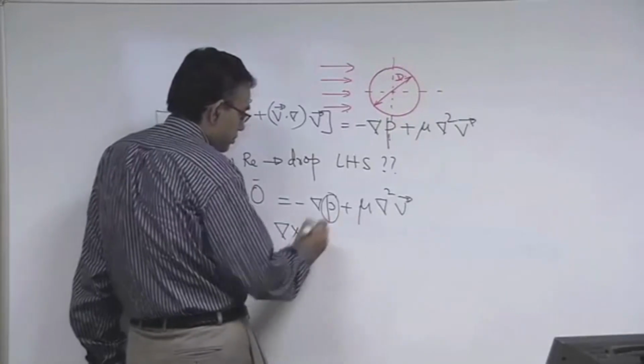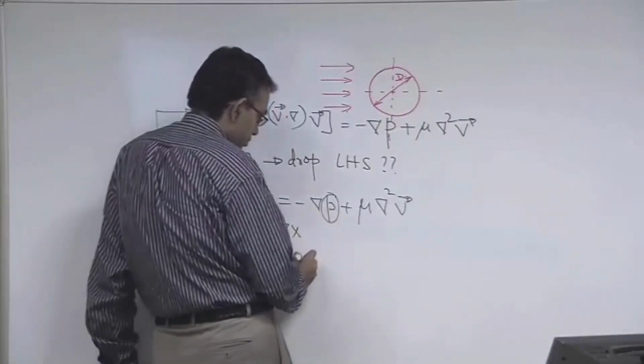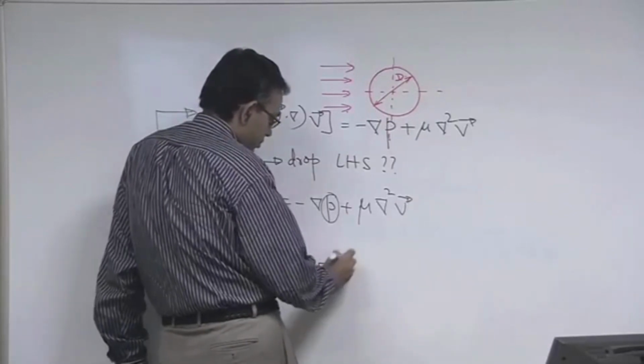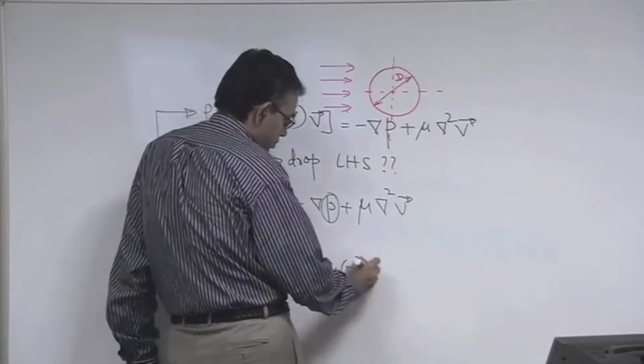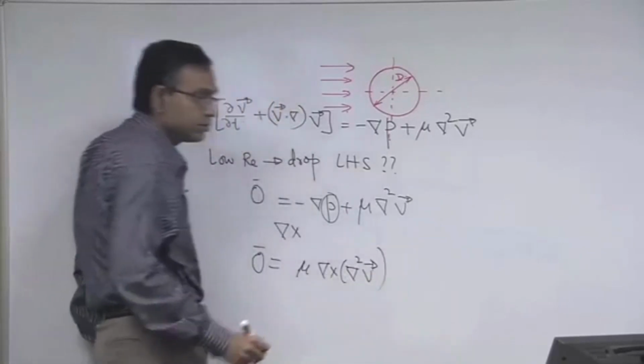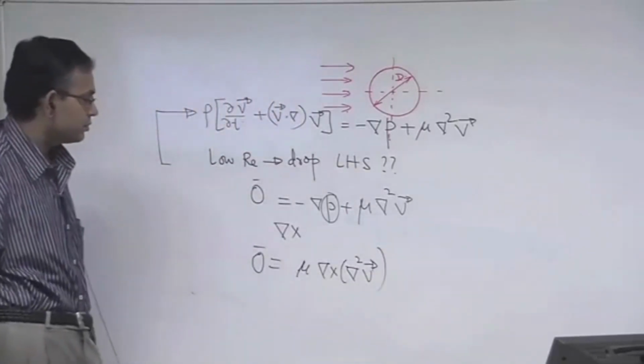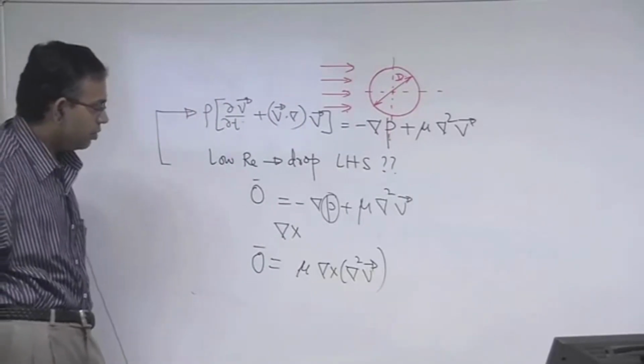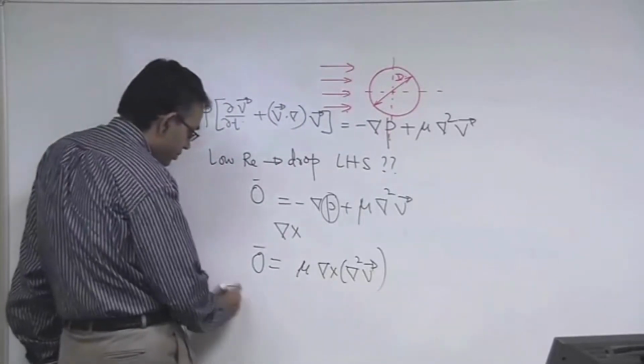this becomes 0. Now we will use a vector identity.